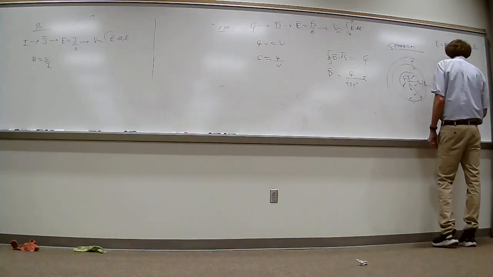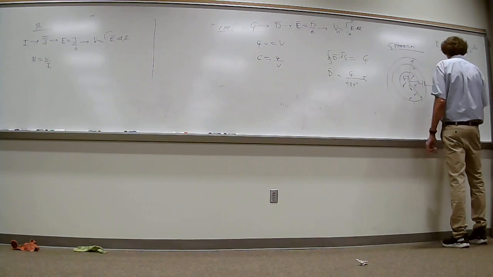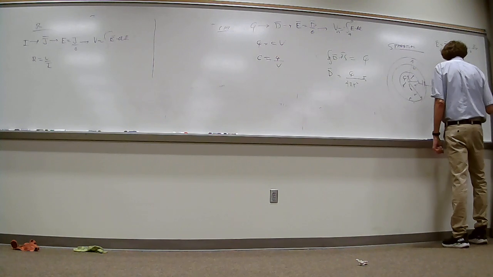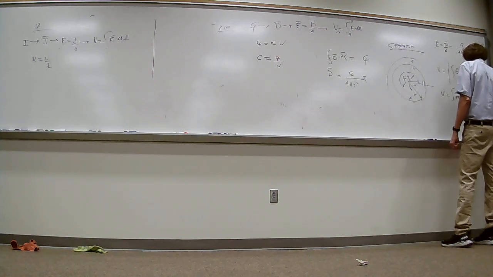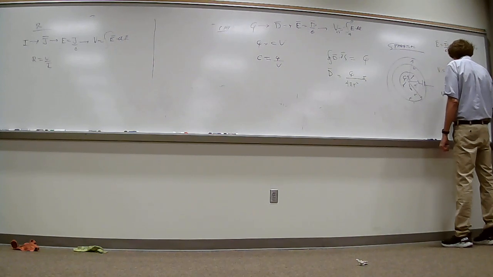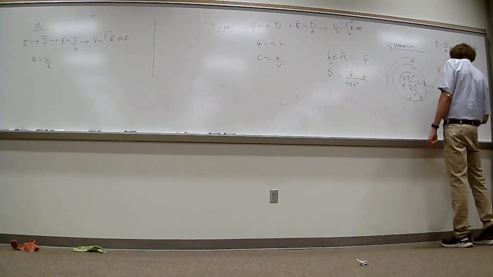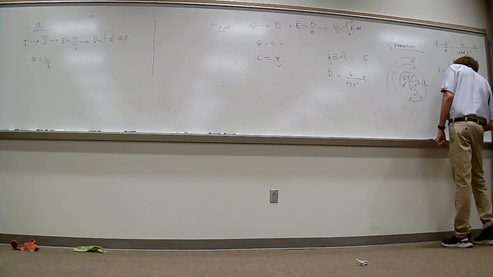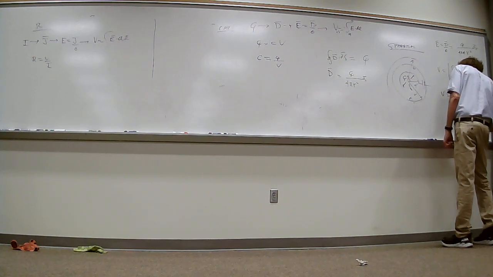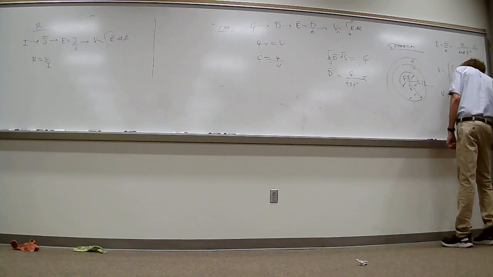And that means it's simply going to be equal to the integral of Q over 4 pi epsilon r squared a_r dot a_r dr, and it's a magnitude right here, so you can go from A to B if you want that way, and that's going to be Q over 4 pi epsilon, and then it's going to be simply 1 over the inner radius, A minus 1 over B.